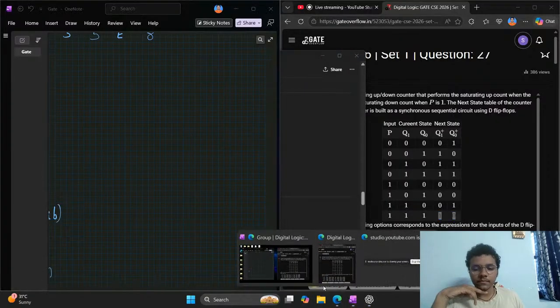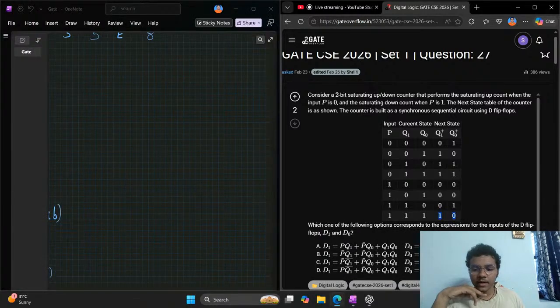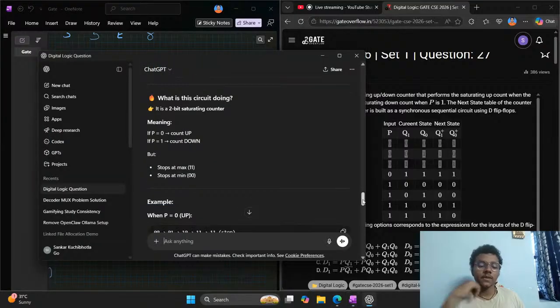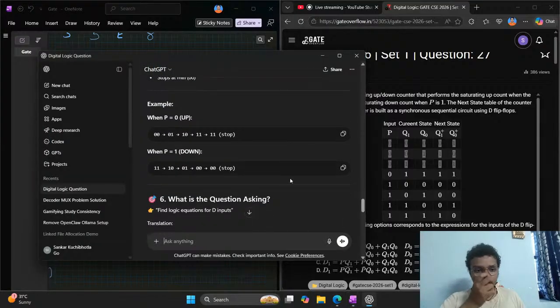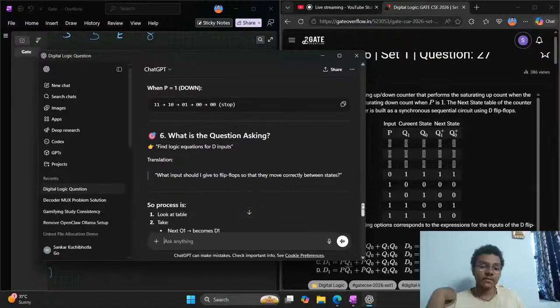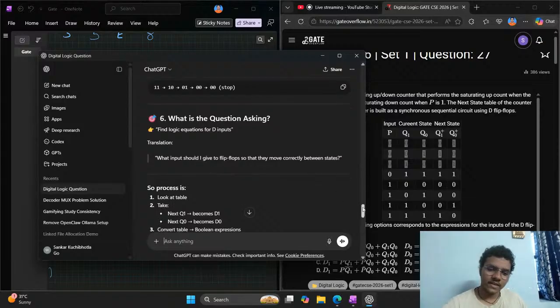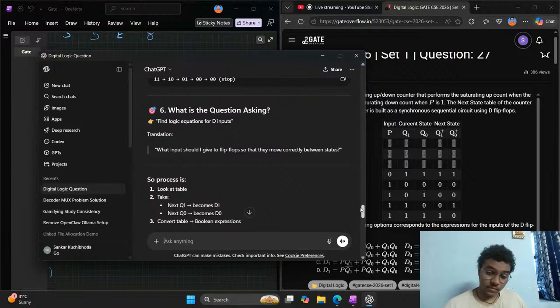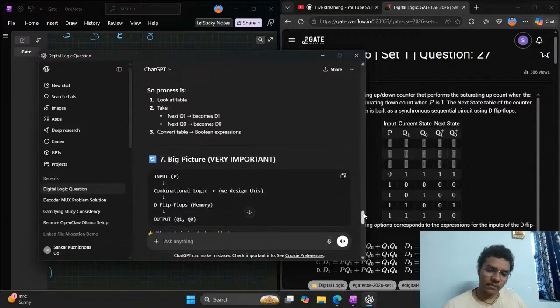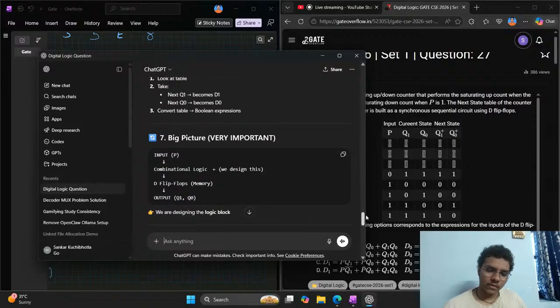Okay, it is counting down in these four cases and it is counting up in these four cases. Makes sense. See, I did not see this, but I have understood. That is thanks to a great teacher like you. Find logical equations for D inputs. What input should I give to flip-flops so that they move correctly between states? Combinational logic.